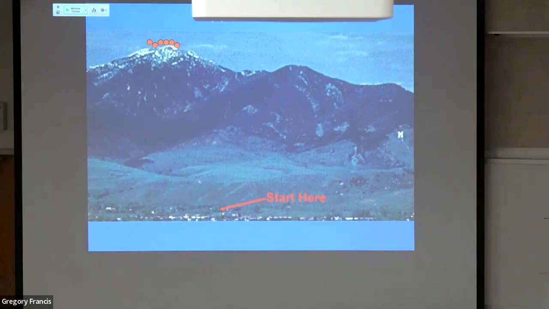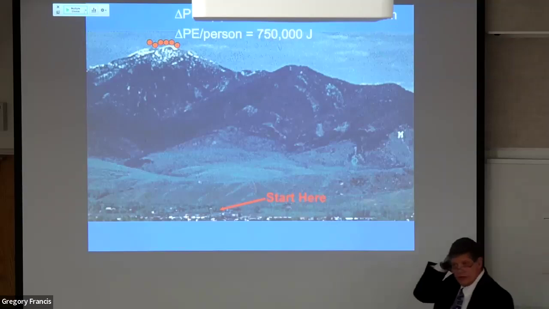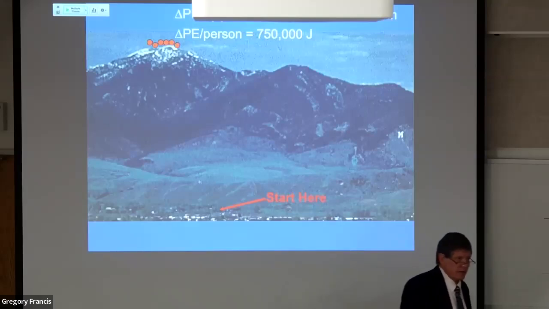And in that magical process, it delivers to each of us on average a gravitational potential energy that is M times G times H. The average mass of a human is 75 kilograms, and G is 9.8, we're calling it 10, and the height of that peak is 1,000 meters. And so on average, that plane is delivering 750,000 joules to each person that got on the plane. Are you with me so far?